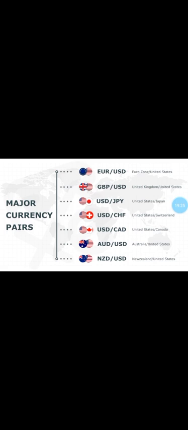Next one, the US dollar and Japanese yen, JPY. The US dollar is serving as the main currency. Then the next one, US dollar versus the Swiss currency. Here the US dollar is serving as the base.